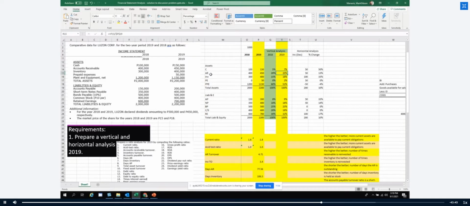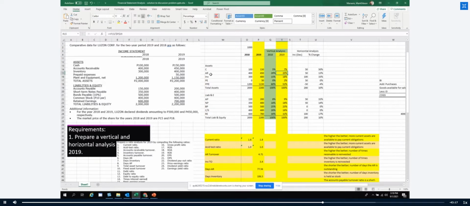So let's go to your liability and equity. So remember your basic accounting equation, class: asset is equal to liability plus equity. So therefore, if you're doing vertical analysis, your total asset is your 100%. But the other side of the equation, to your right, is the liabilities and equity.